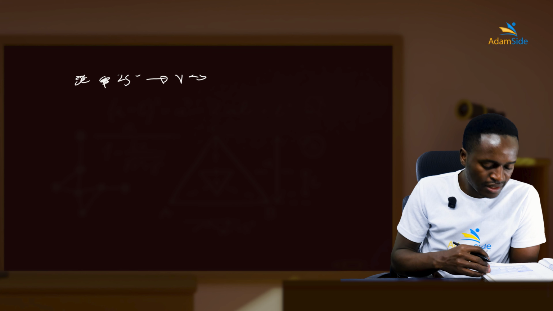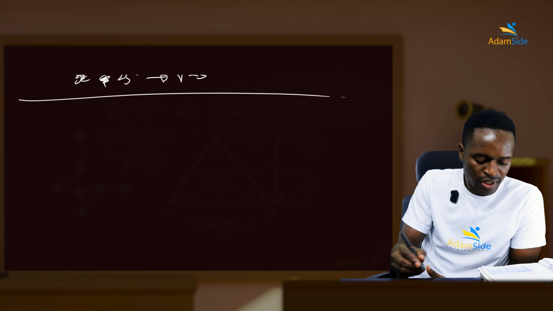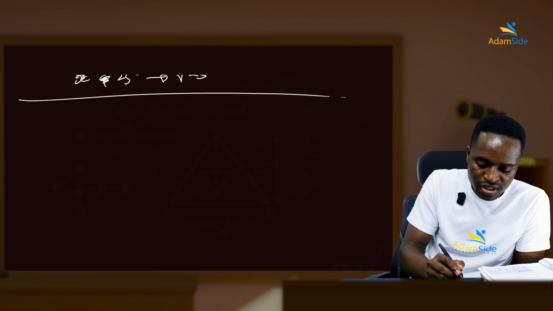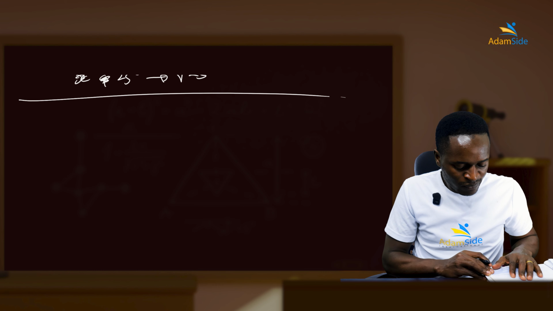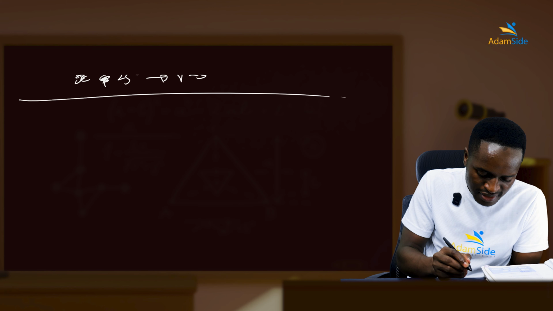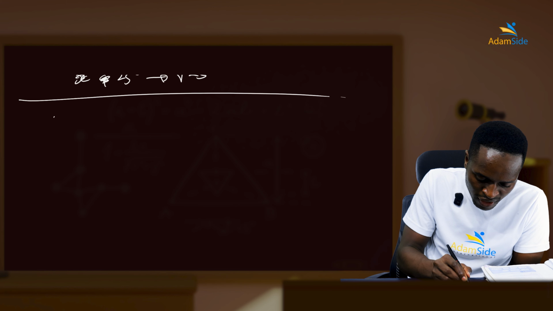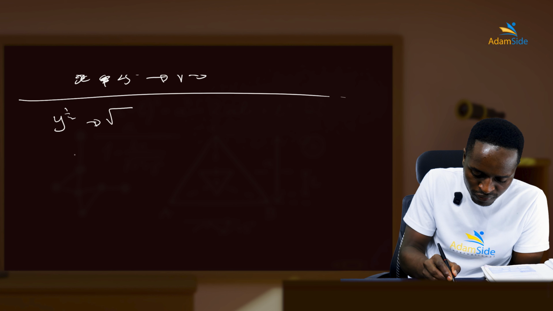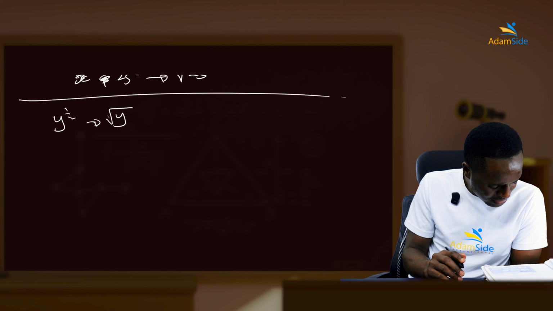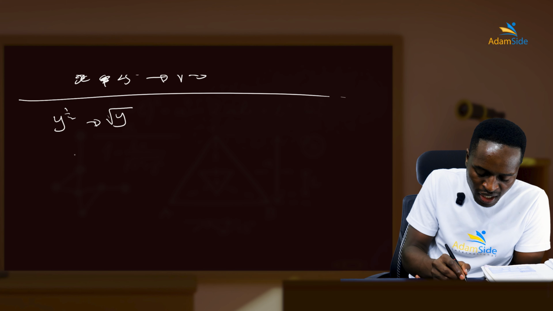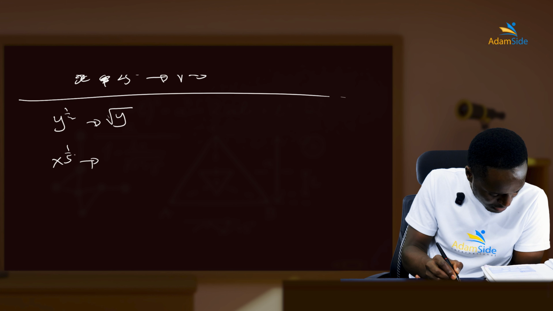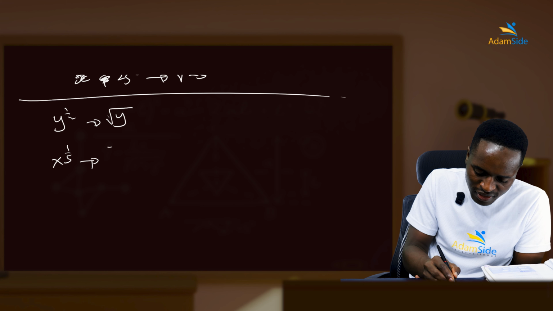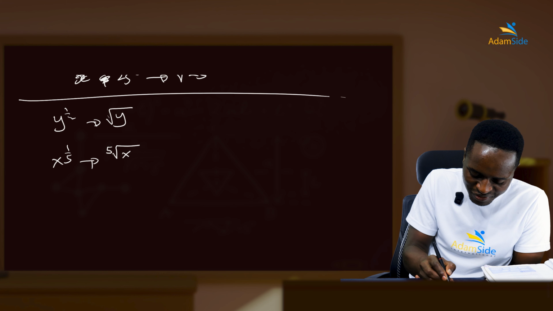Rewrite using root signs. So for example, I can give you some exercise: rewrite using root signs. How do we do it in this case? This is very simple. If you have y power a half, this is the same as the square root of y. That's it. Then if you have x power 1 over 5, this is the 5th root of x.